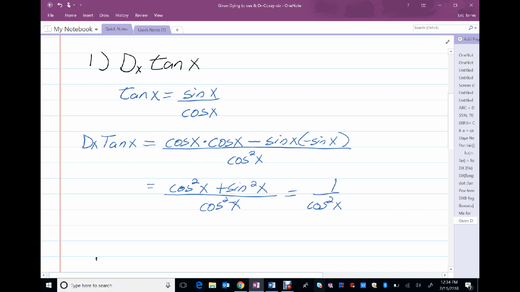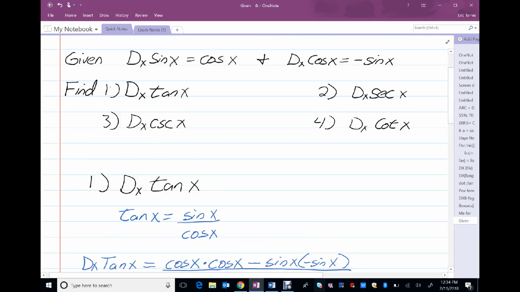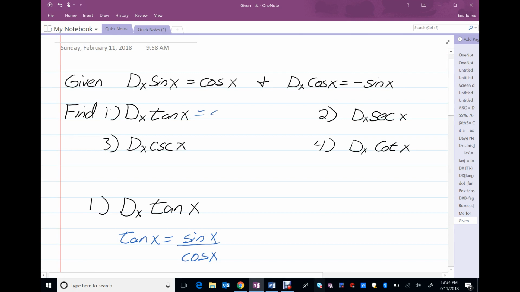So I have 1 over cosine squared of x, which can also be written as secant squared of x. So I have my first derivative. I did this proof using the quotient rule. So the derivative of tangent of x is secant squared of x.